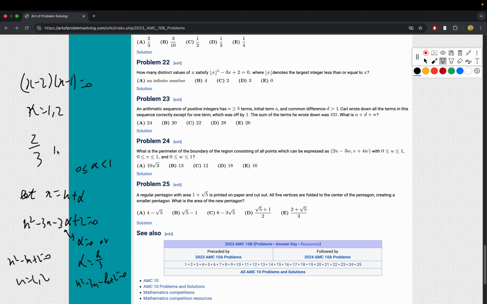Oh, so this one works. Wait, did I say 0 or 3, right? So 11 over 3 should also work, and let's quickly check it. Yeah, it works. Okay, we can continue. Next value.